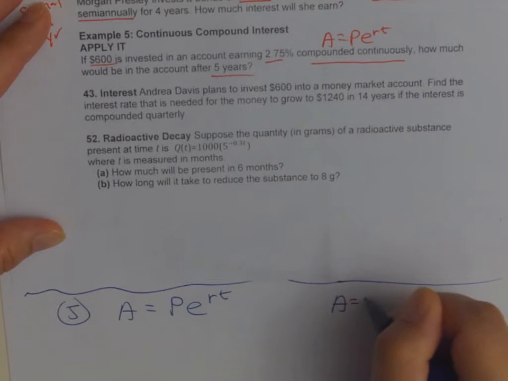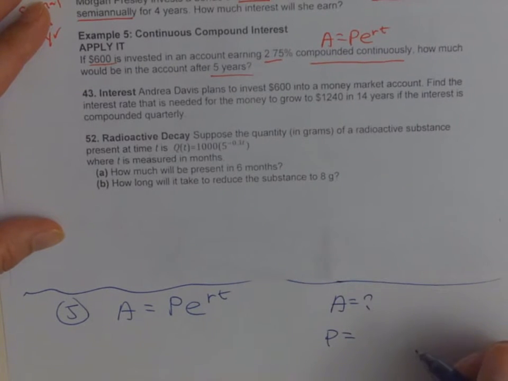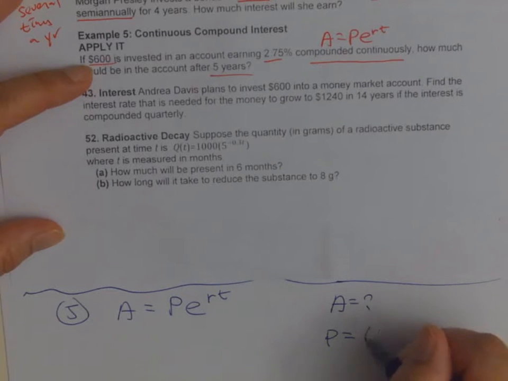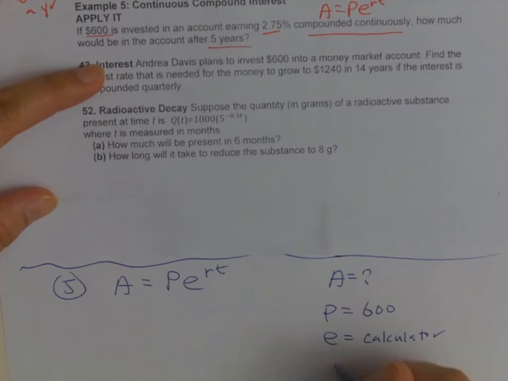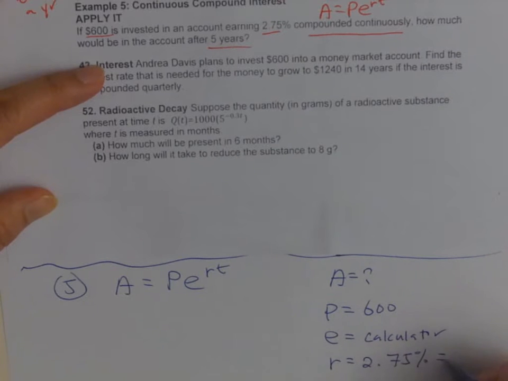We don't know A yet. P is how much money they put in. It's just one lump sum of money, no periodic deposits. And e is on your calculator. R is 2.75% converted to a decimal, 0.0275, right?